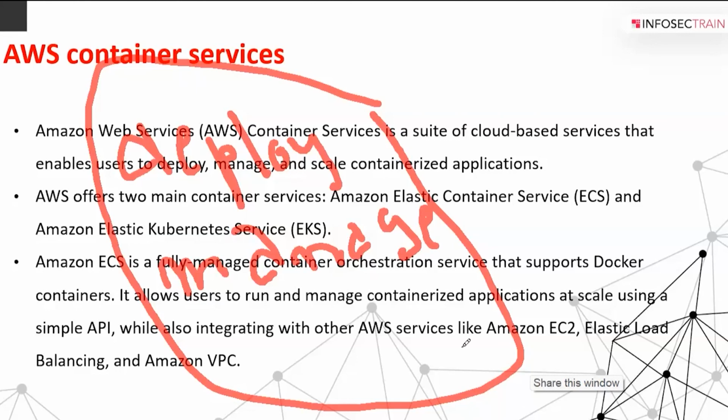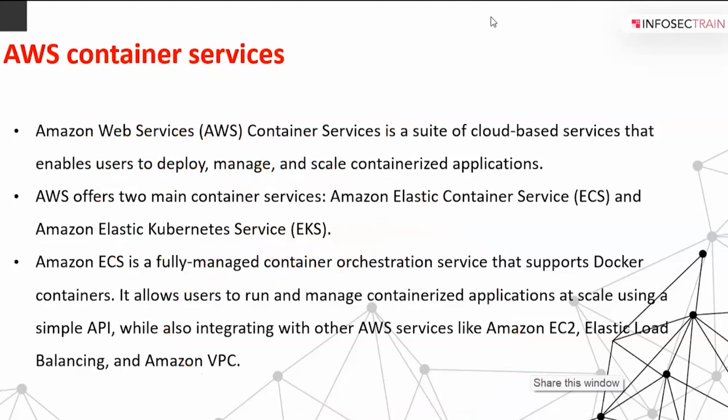AWS has its own type of container service, which is called the AWS Container Service. Let me show you just a glimpse of it. You can use this service for deploying or playing with containers.